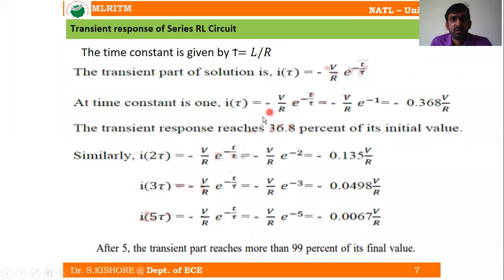Is it clear? So now with respect to the time constant, let us say at t is equal to tau, that is I of tau.